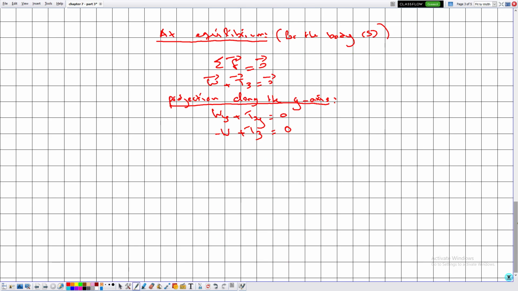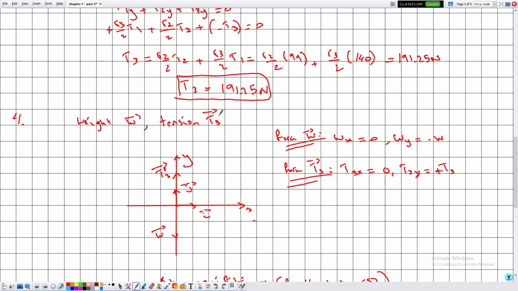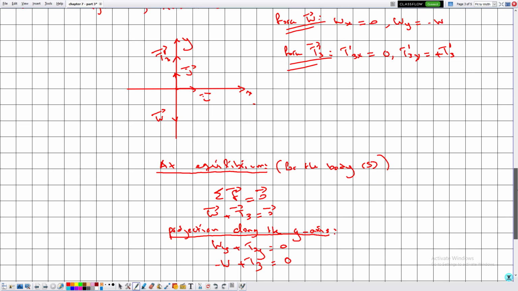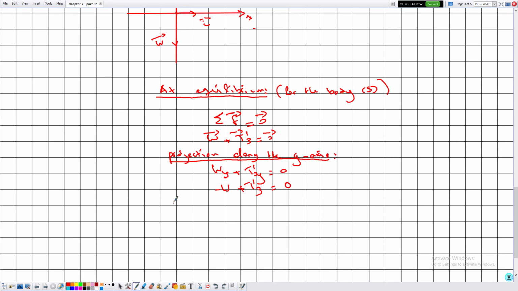Here let me say that this is T prime 3. So now W is equal to T prime 3, but T3 is equal to T prime 3, and the reason is given by the light, inextensible string.